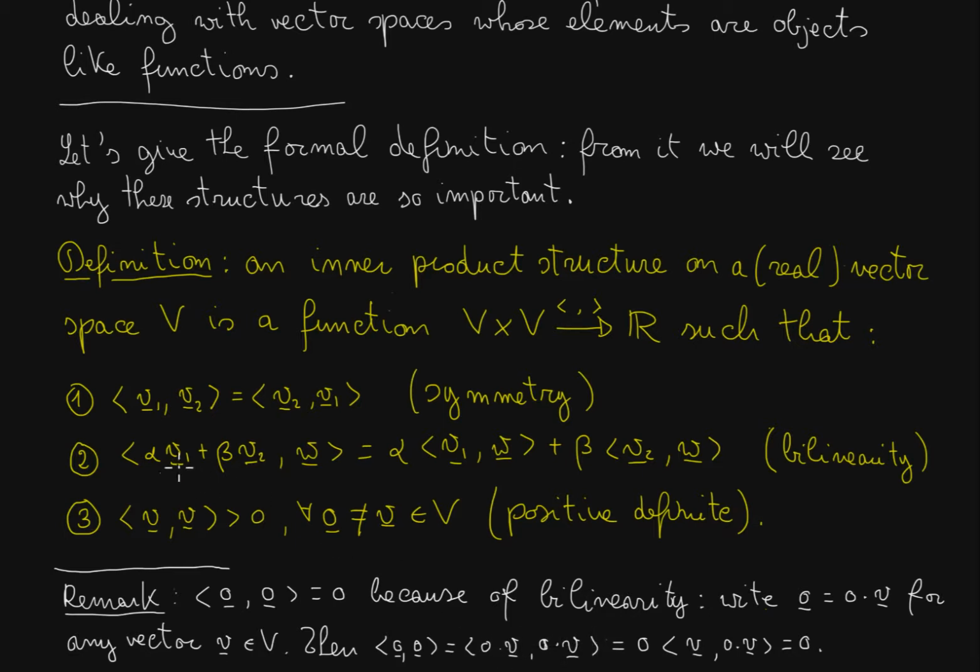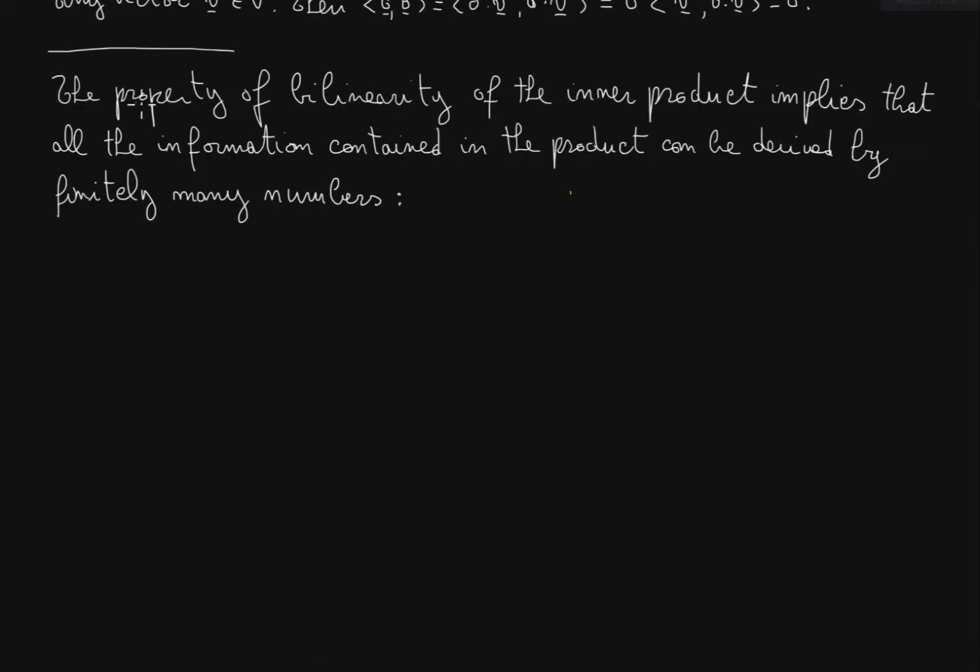But as we have seen, 0 just passes through the sign of product, so this is equal to 0 times the remaining inner product, but 0 times any number is 0, so we have proven this equality. The property of bilinearity of the inner product implies that all the information contained in the product can be derived by finitely many numbers. Let's see how.